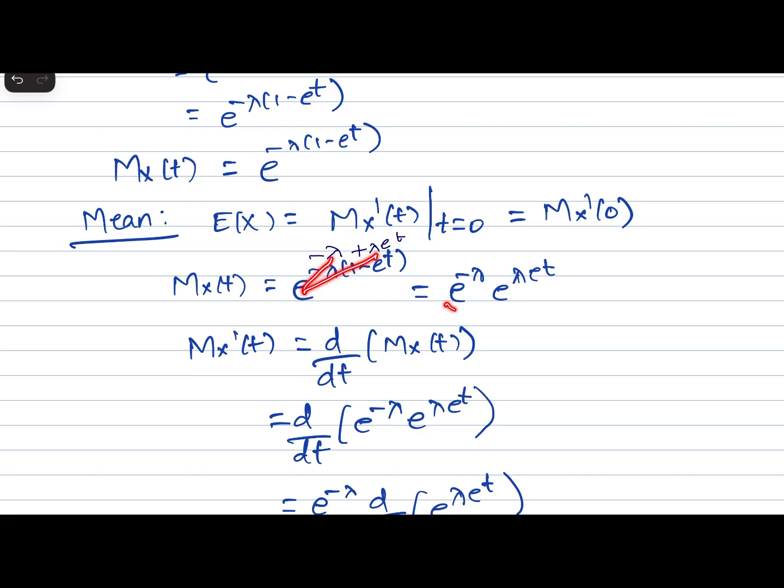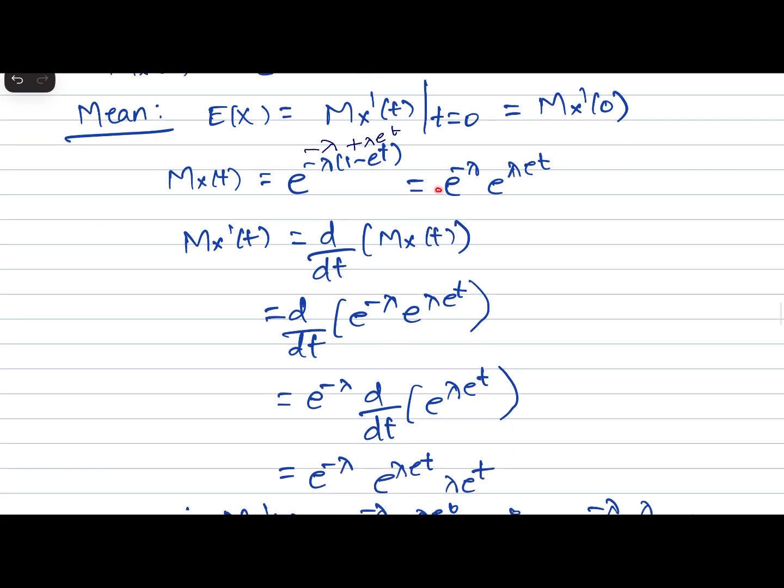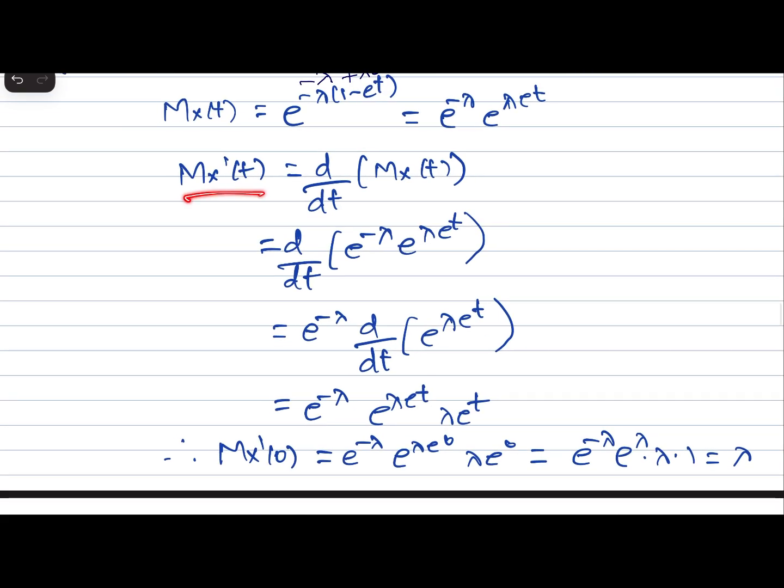Just try to split and write in multiples. Right. So why do we do this? Because you don't have t in e power minus lambda, which is independent of t. Therefore, we have to differentiate only this term. So this part I am just taking and putting it in the differential operator d by dt of Mx of t. All right. So that will give you Mx dash of t.